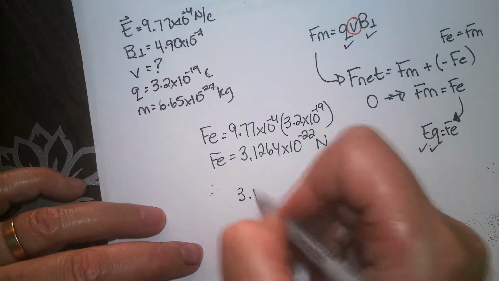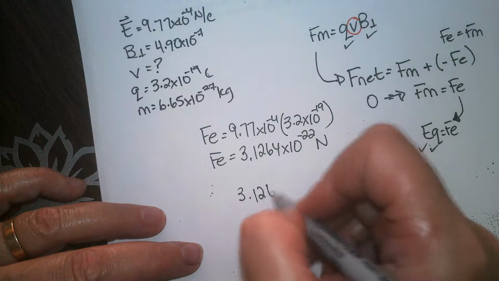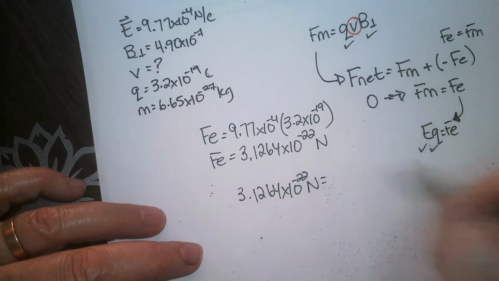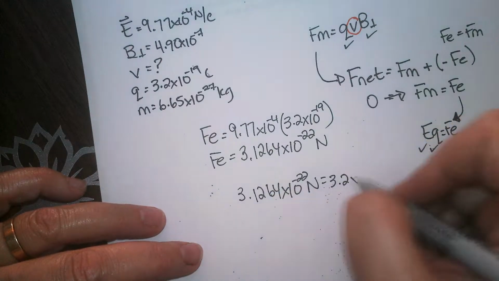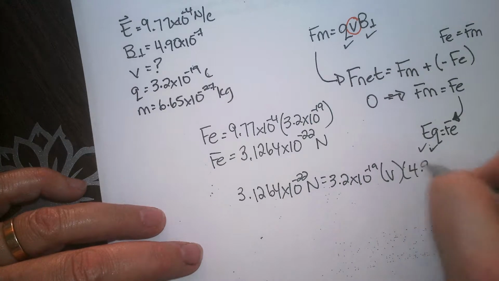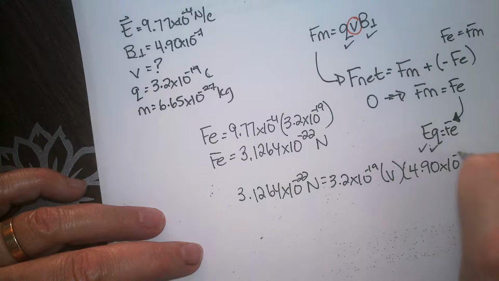So I'm going to have 3.1264 times 10 to the negative 22 newtons is equal to 3.2 times 10 to the negative 19 multiplied by my velocity multiplied by 4.90 times 10 to the negative 7.